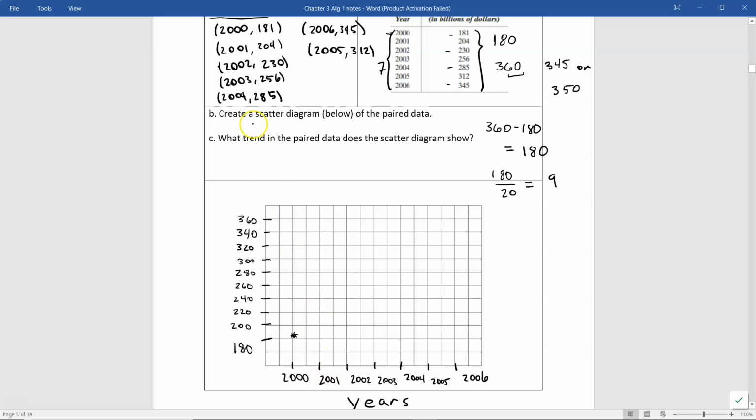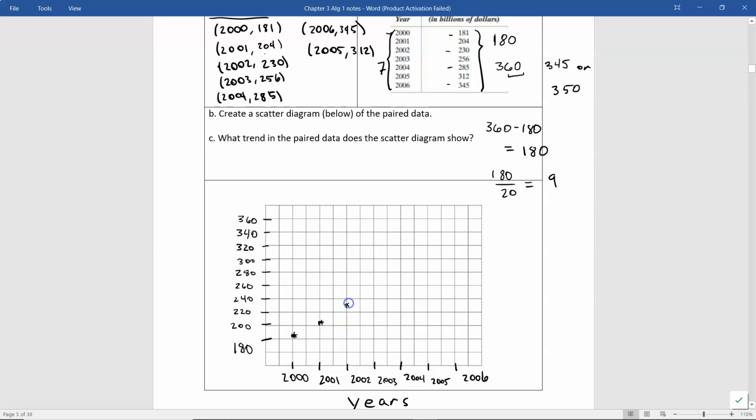So 2001 goes with 204. So 2001 all the way up to 204, somewhere right here. 2002 was matched with 230.